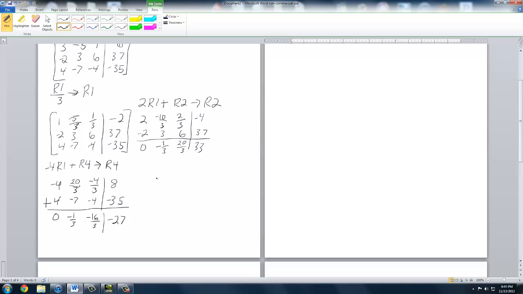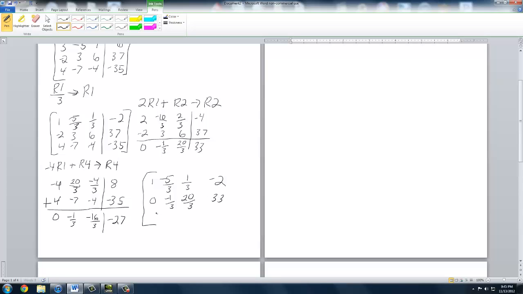So anyway, this gives us our new matrix. We copy our first row down: 1, negative 5 thirds, 1 third, negative 2. Our second row is this one right here: 0, negative 1 third, 20 thirds, and 33.